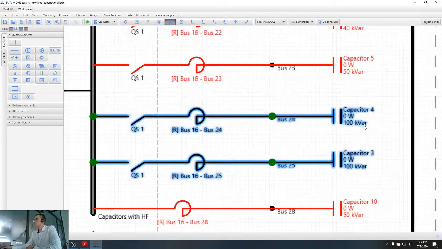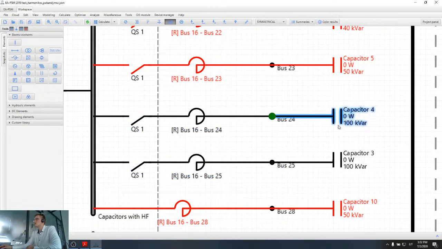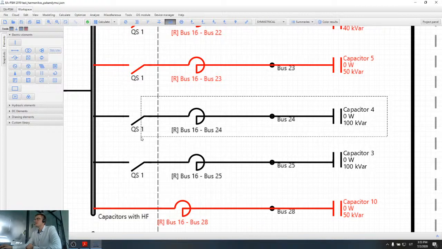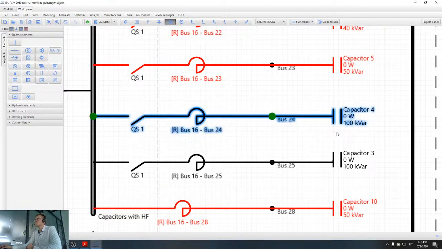As we can see, the detuned harmonic filter has a capacitor and also a reactor. So it provides reactive power. And another thing it does, it reduces impedance. It makes the impedance of this element not capacitive, but inductive. So if we connect only a capacitor, the impedance of the capacitor is capacitive.